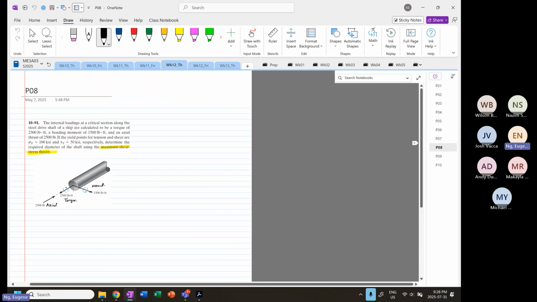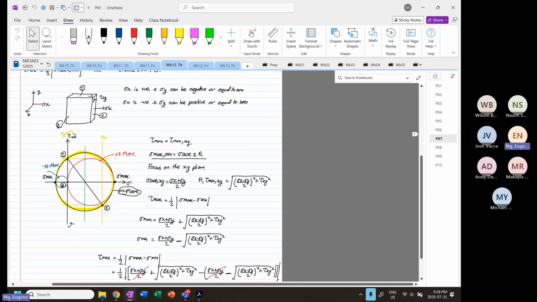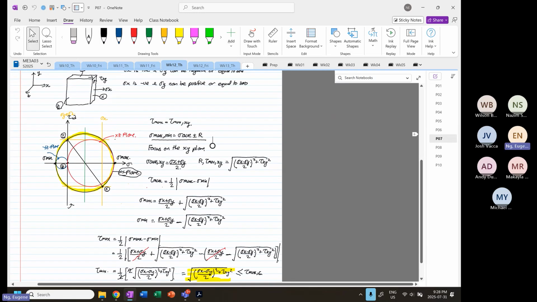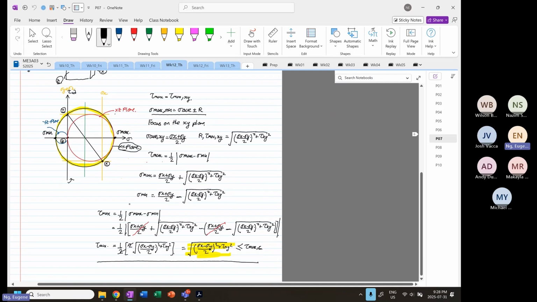When it's not, you have to be careful. When it's not, you have to use this formula over here. Okay, you have to be very, very cautious. So review this lecture regarding what if it's equal to 0, what if it's not equal to 0.